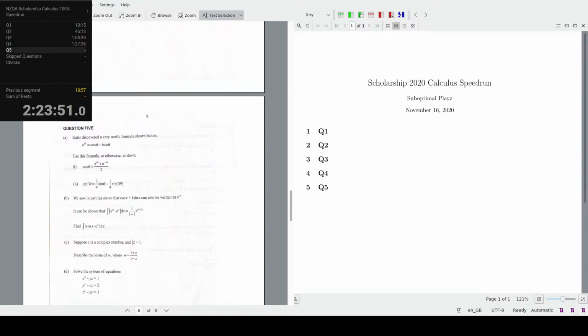I think it's dodgily solved for C. Hmm. Formula sheet have anything?